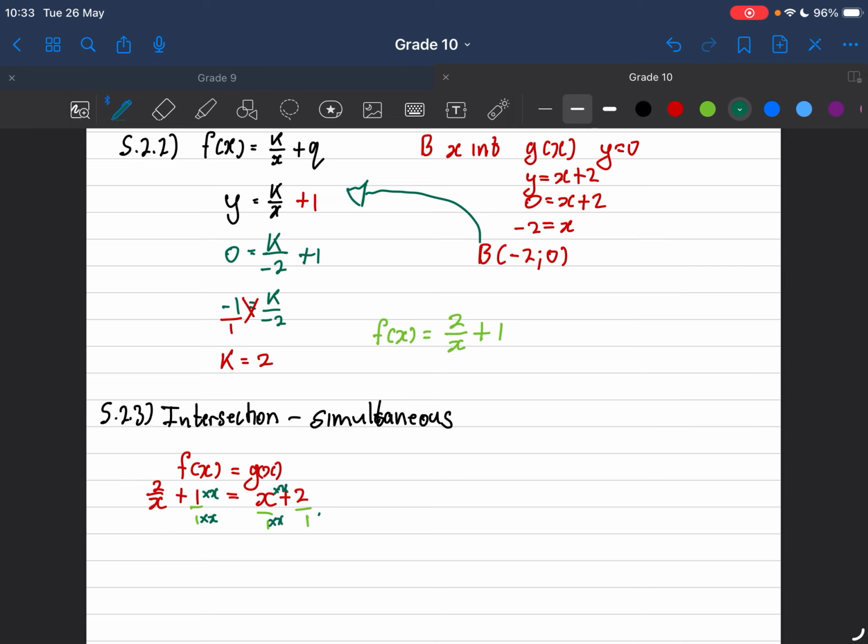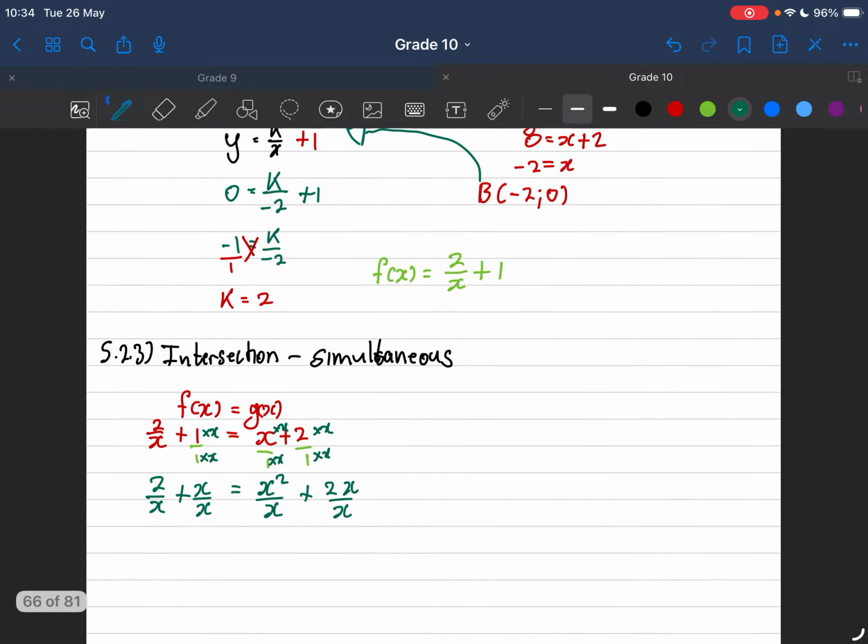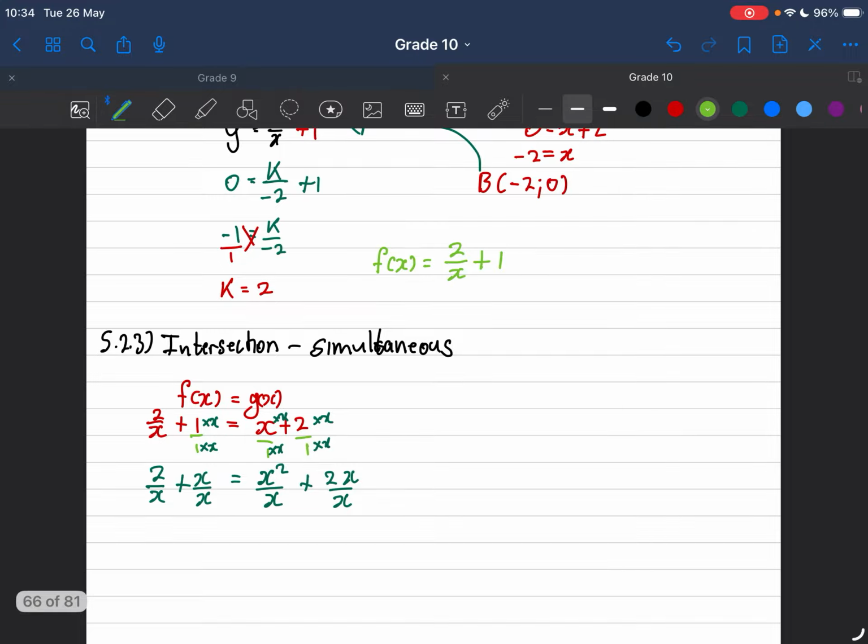I'll have 2 over x plus x over x, and then I have x squared over x plus 2x over x. Now that all my denominators are the same, I'm basically going to just drop them off. So my equation is now 2 plus x is equal to x squared plus 2x.